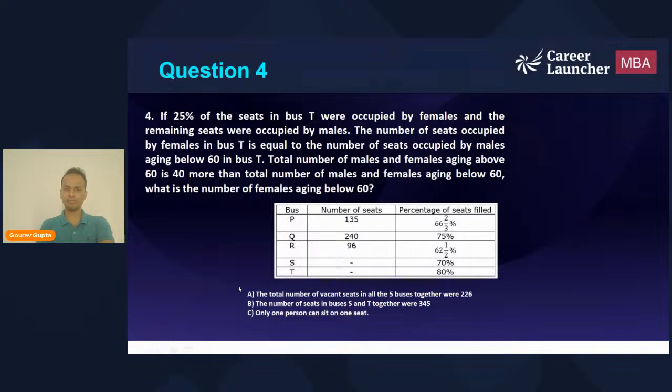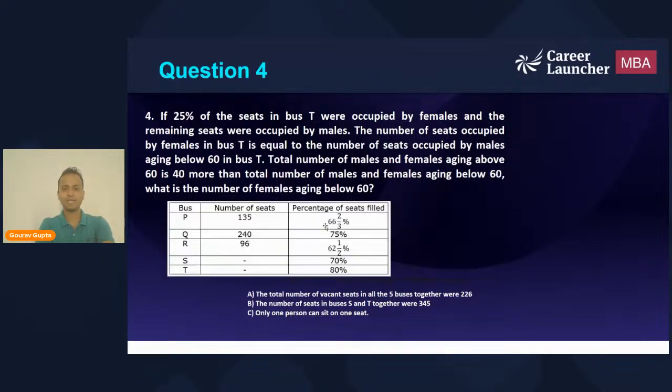So let's not depend upon the options. I also feel that there is some problem with the options. There is something wrong with the options, okay? So that is why I have removed the options. I'm not making the problem complex for you. Don't worry at all.